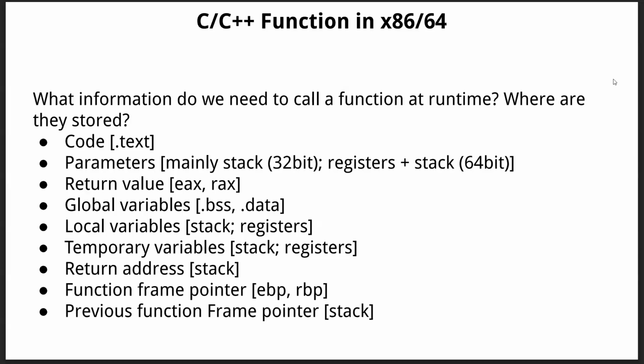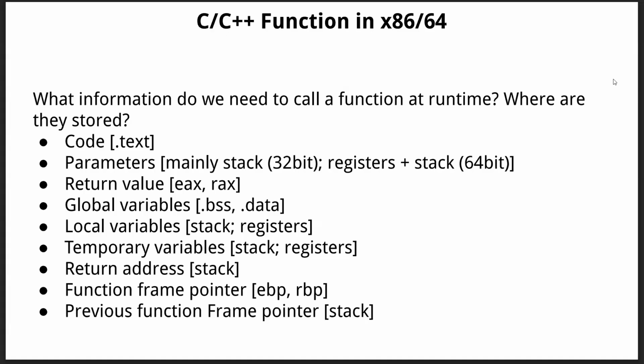So after a certain number, we still need to use the stack to pass the values, not registers. The return value usually goes to the register EAX or RAX. Global variables go to the .bss section for uninitialized ones, and the .data section for initialized ones.